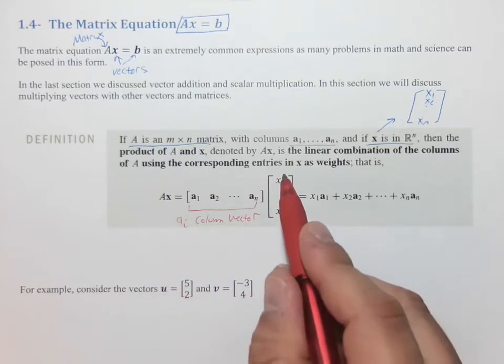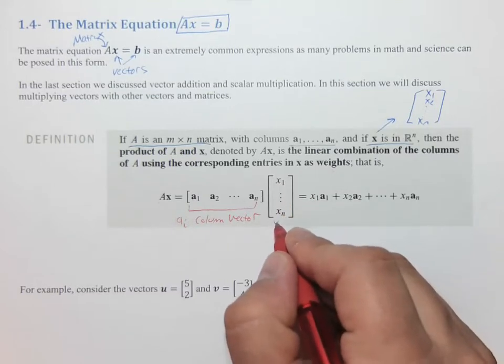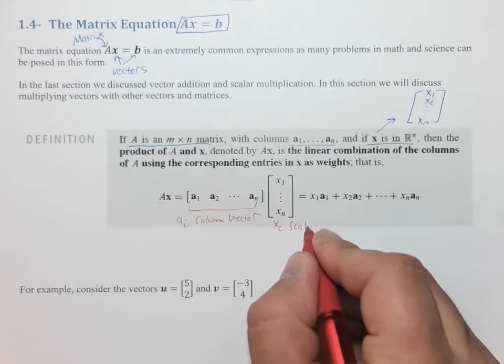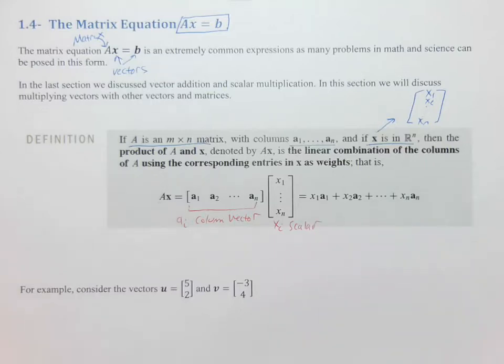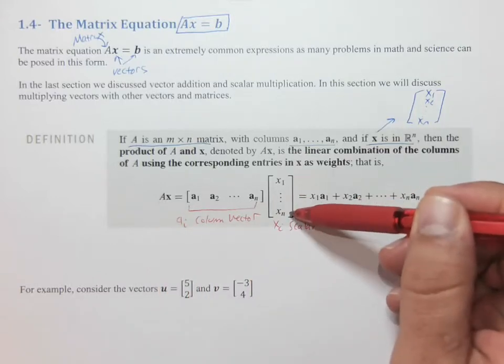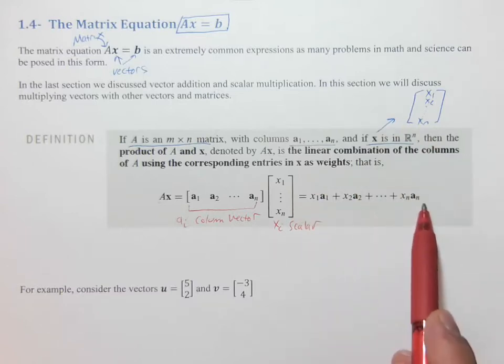And each one of these x sub i, each one of those individual entries, is a scalar, so it's just a constant. So when we do a matrix times a vector, we end up doing a bunch of column vectors scaled by these scalars. And here's what that looks like in the next step.